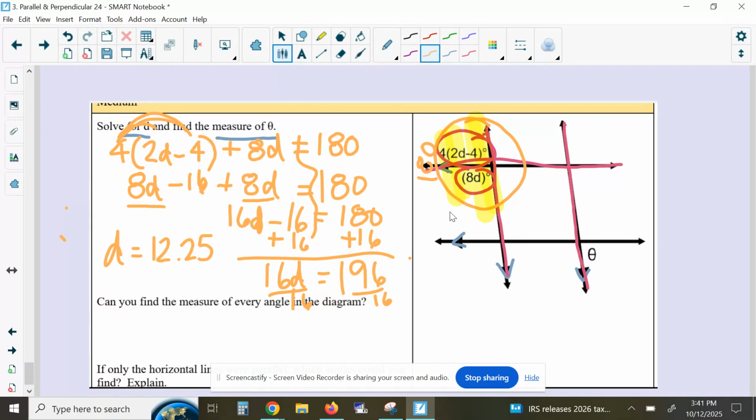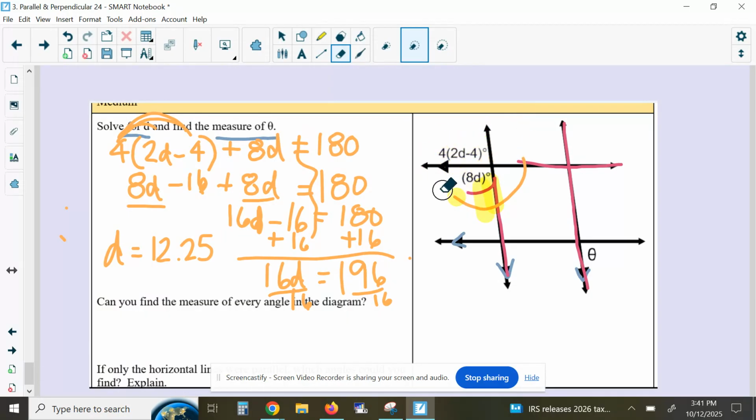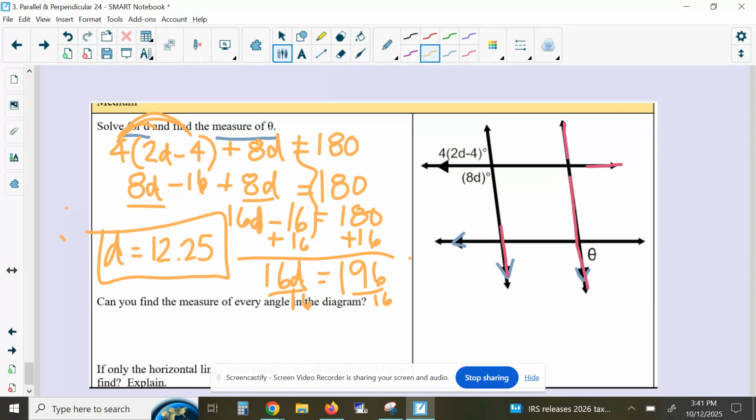Okay, so I'm going to go back to my picture. I'm going to erase some of this so that I can actually do some work. So I'm going to be plugging in to find the measure of some angles. So I do have d. That was one item we had to find. And now I need to plug d in to get some measures of the angles.